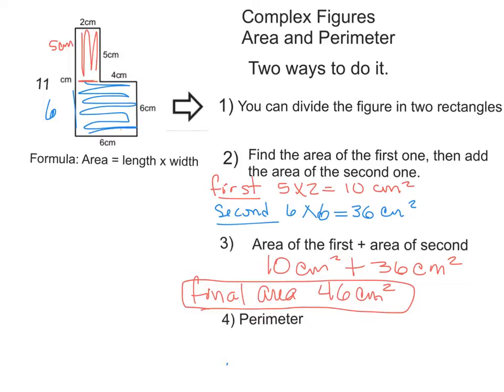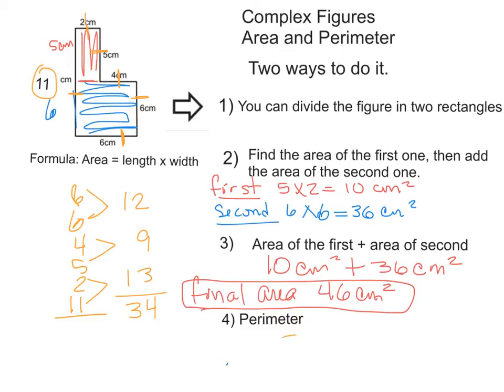So we add 6, which is this one, plus another 6, plus 9, plus 13, which is 34 centimeters for the perimeter.